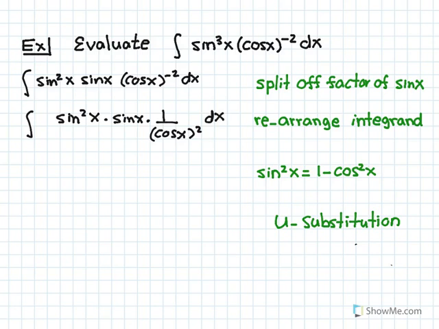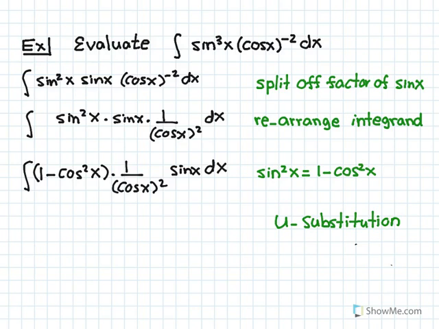Now we're going to use a trig identity and write sine squared x as 1 minus cos squared x. So that's 1 minus cos squared x, times 1 over cos x, all squared. And let me write sine x along with the dx so that we can see the u-substitution at work.